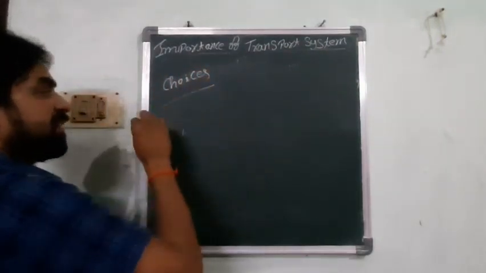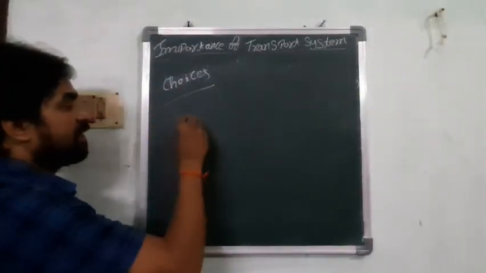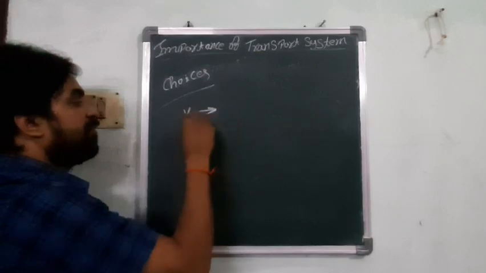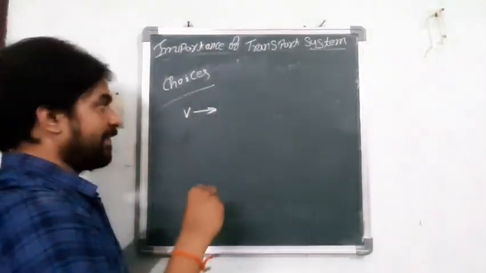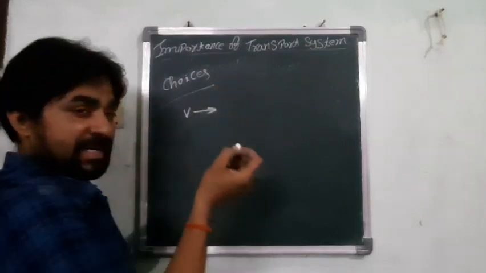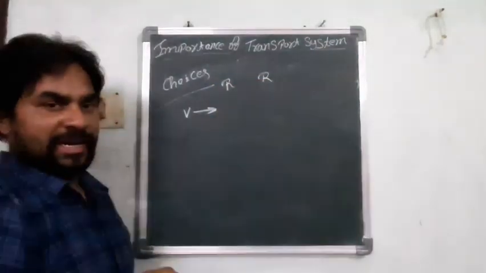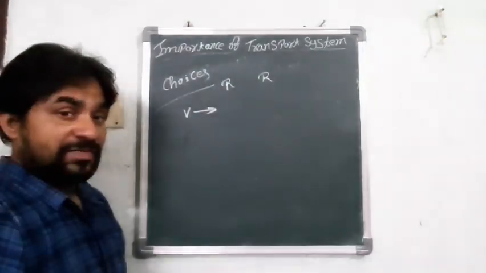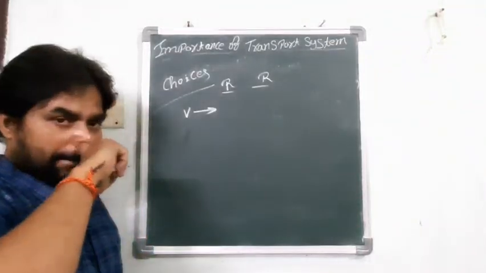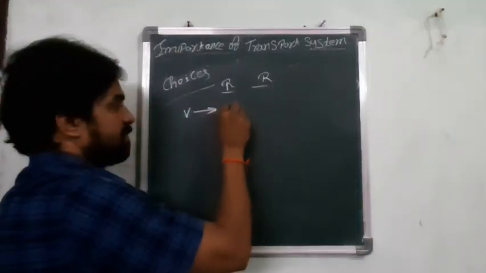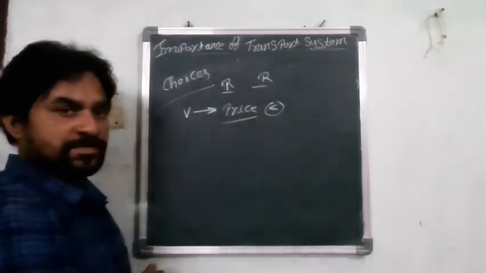Choices. Which type of transport can we choose? Take an example in a village. If a village has transport like roadways and also railways, what type of transport can you choose? First of all, we will see the price. Which price is less?